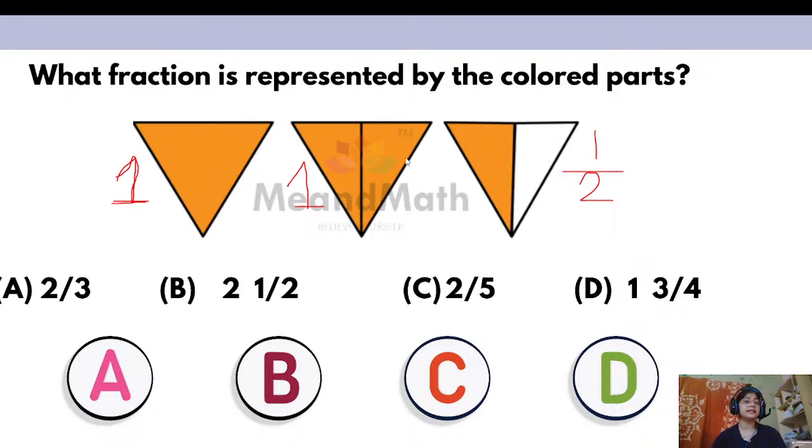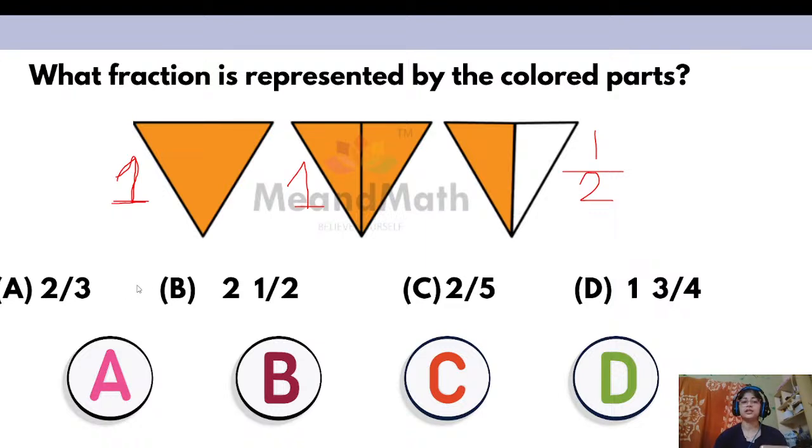Two whole triangles and another triangle's half is colored. As you can see, it shows 2.5 triangles are colored.